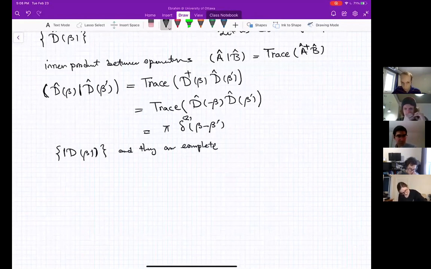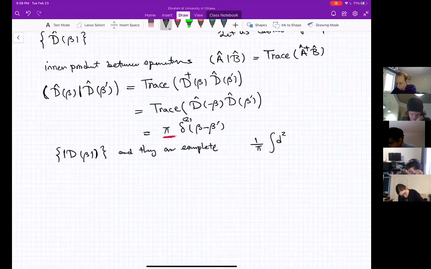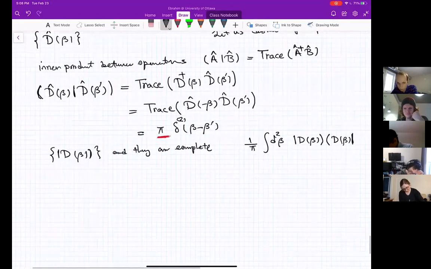What I mean by complete is that 1 divided by pi, because I have to borrow that normalization factor from here, integral of d2 beta, remember, d2 to remind myself that beta is a complex quantity, of D of beta is equal to 1.